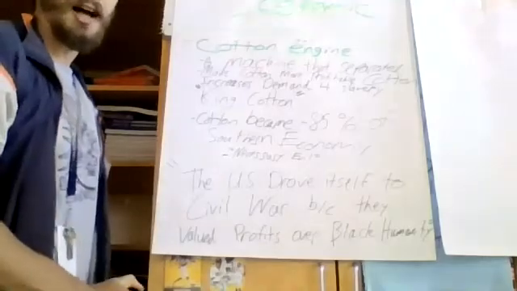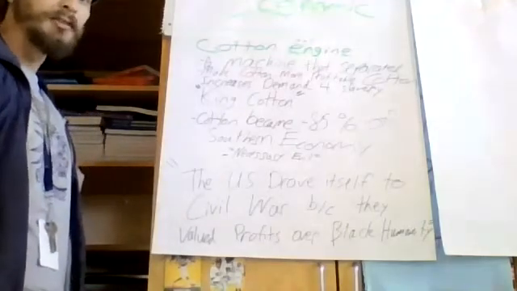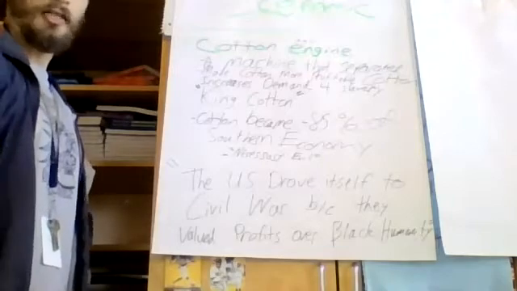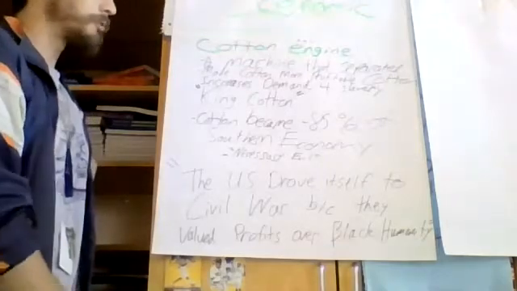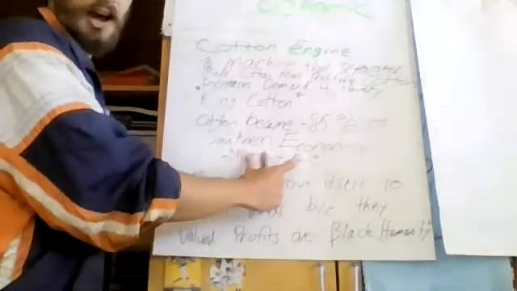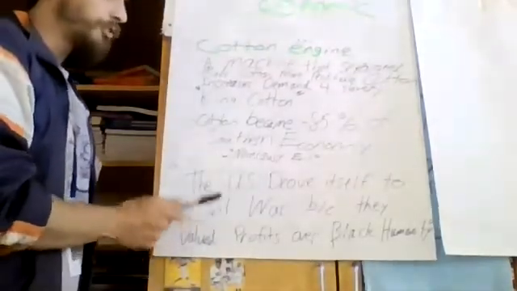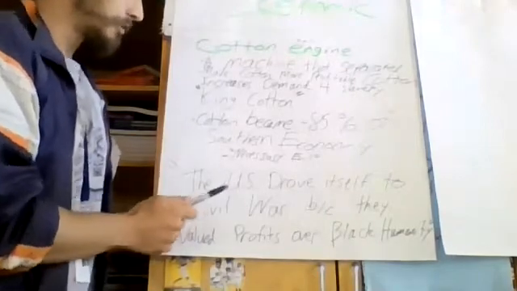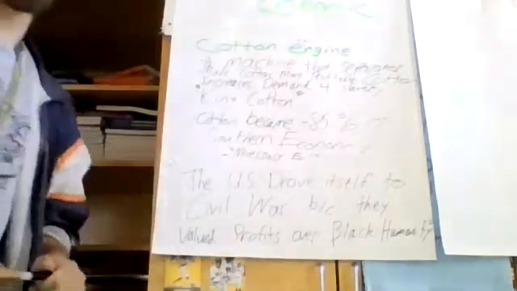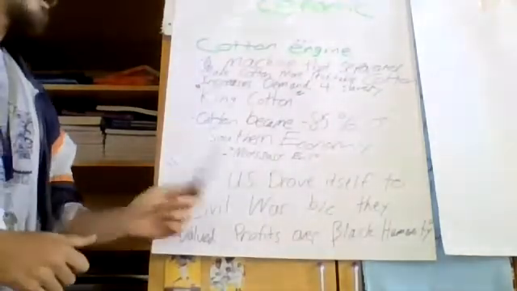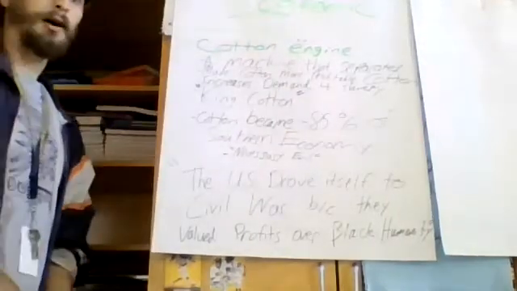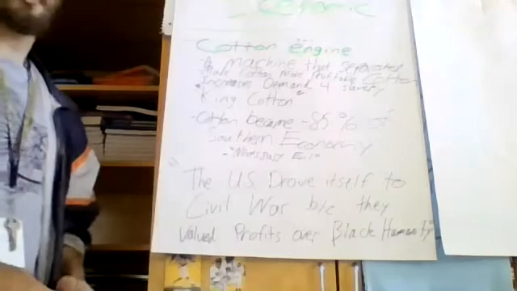I put it in quotes because I don't want all of you leaving this class saying, well, Mr. Coble said slavery was a necessary evil, and then I look like a bum. But this is an argument that they used at the time, that it was a necessary evil. And then the quote is the US drove itself to a civil war because they valued profits over Black humanity. And I think that sums up the economic part really well of how slavery economically affected the South.